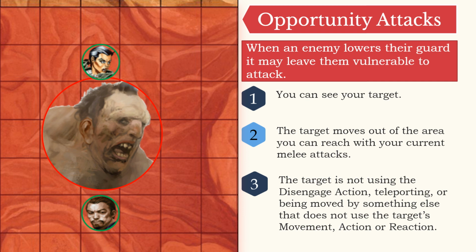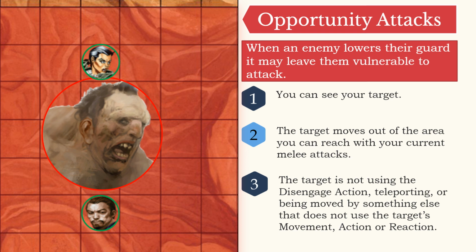Second, does Jazeera move out of the area the hill giant can reach with a melee attack? No, she does not. She moves out of squares that are within that zone, but she never leaves the giant's reach. Therefore, the second condition is not met, and the hill giant does not get an opportunity attack against her.